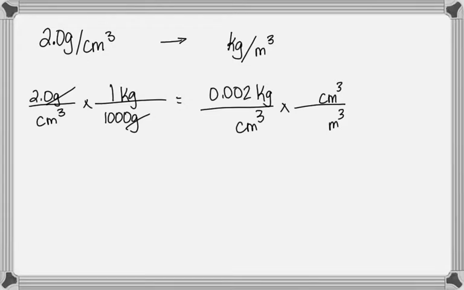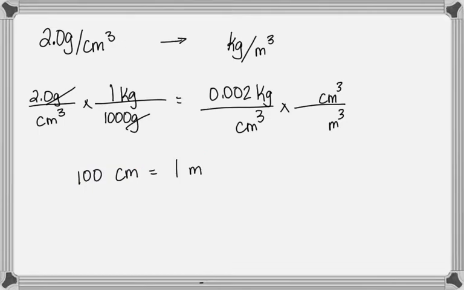This confuses some people and they mess up because they know that there's 100 centimeters in a meter. Okay? But you can't just say that 100 cubic centimeters is a cubic meter. You can't cube the units, which is what I just did, and not cube the numbers that are with them.